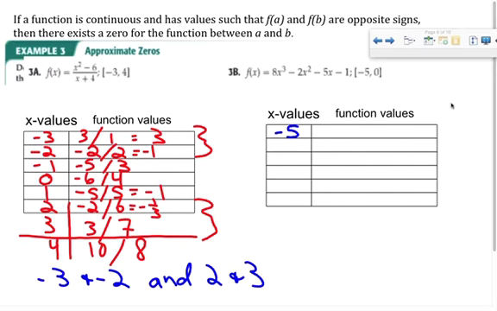So plugging the values in, I have -1000 minus 50 plus 25 minus 1. So it's negative 1026.